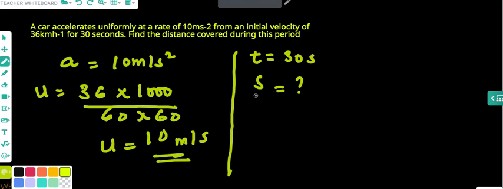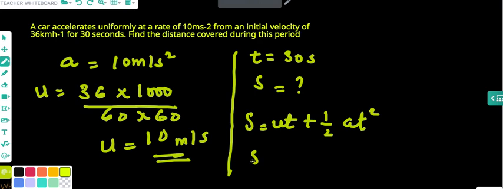Which formula are we using? Since we have u, a, and t, we can use s equals ut plus half at square.